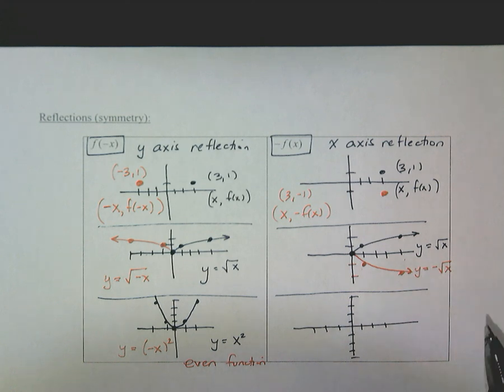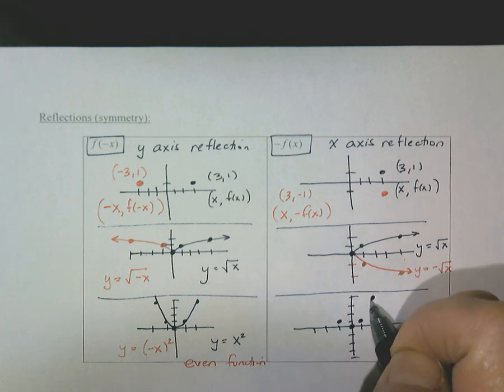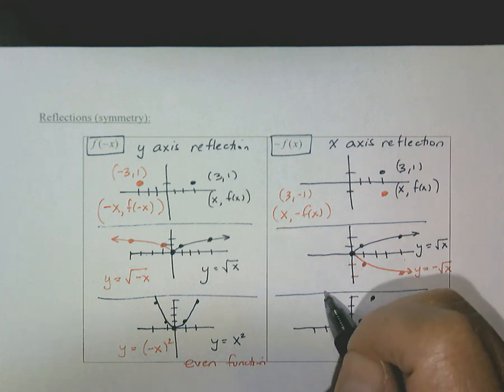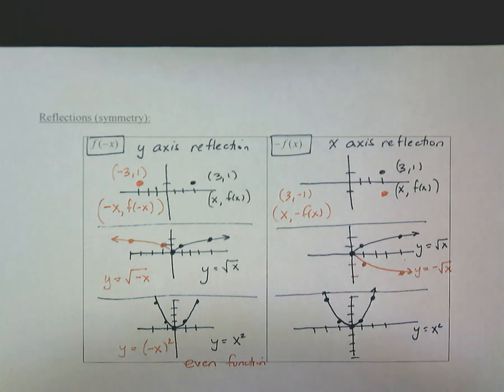So if I start with y equals x squared, I did that function a second ago, (0, 0), (1, 1), (negative 1, 1), (2, 4), (negative 2, 4). If I kept going, it'd be (3, 9), (negative 3, 9), (4, 16), (negative 4, 16). Now I want y equals negative x squared.